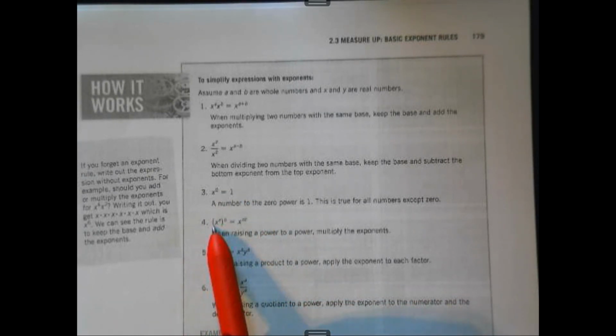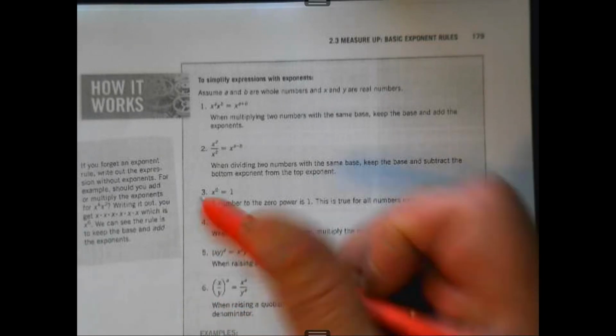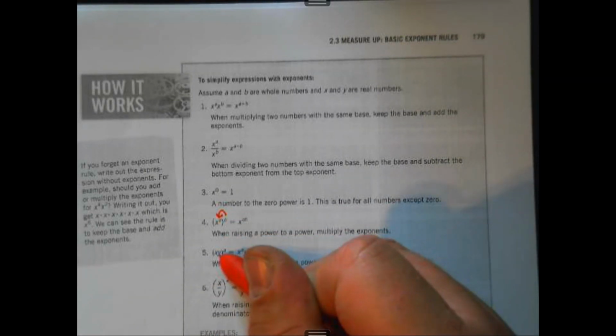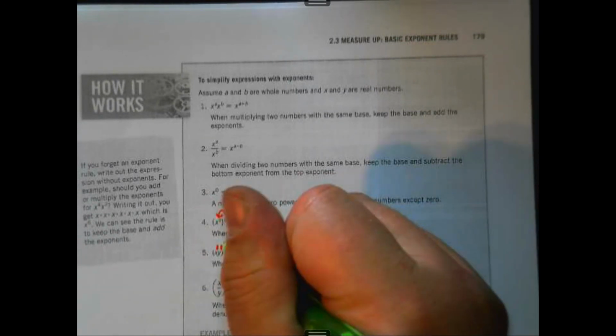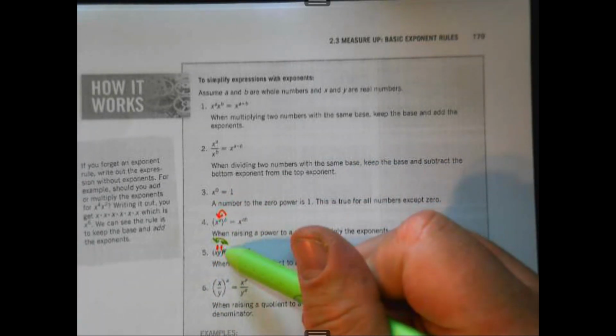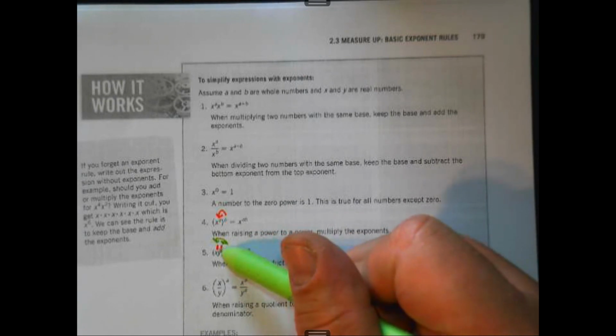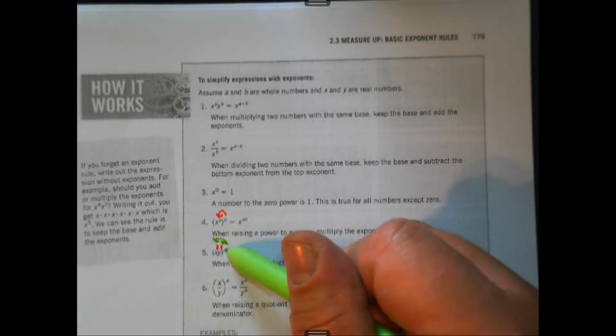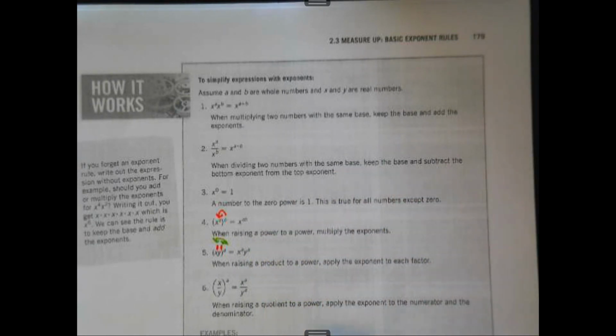This is a power to a power. You multiply, remember you have a power exponent outside that parenthesis, you multiply. If there's not a power there, remember there's always a 1 there, so when you distribute to each exponent, x to the 1 times a is x to the a, y to the 1 times a is y to the a.